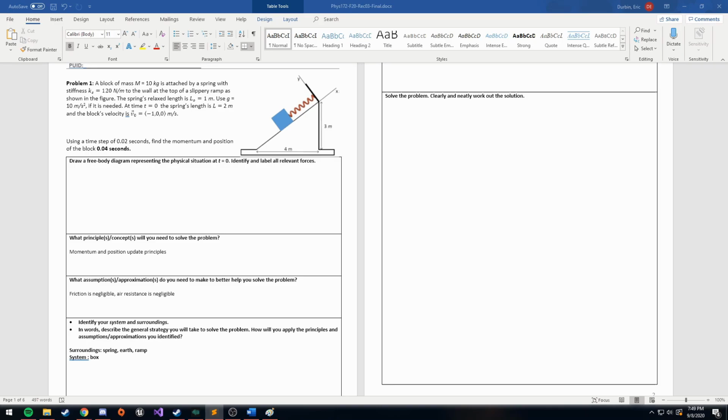Yeah, correct. Mass times velocity. Wait, our initial momentum is 10 in the x direction? -10. Sorry, minus 10 in the x direction. So it's going up. No, it's going down on the ramp. Correct. Yeah, when it starts.